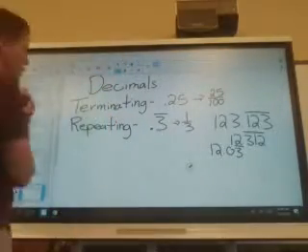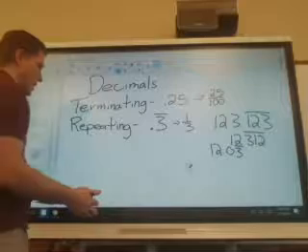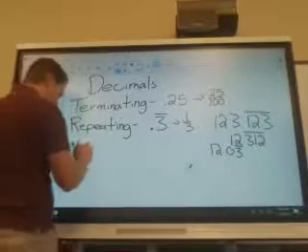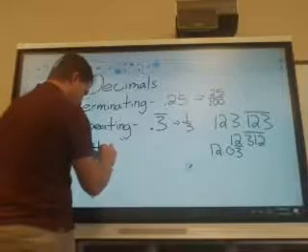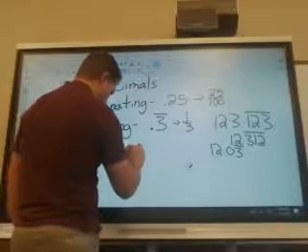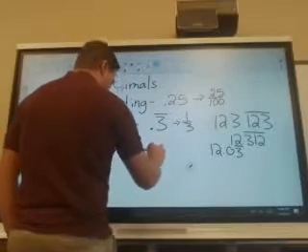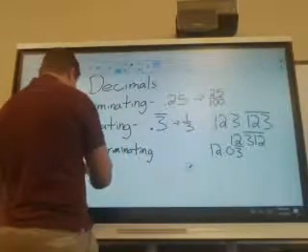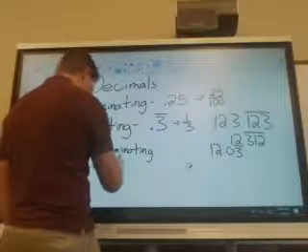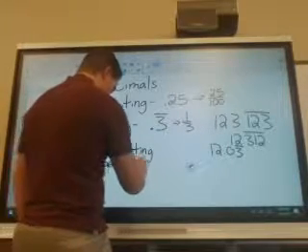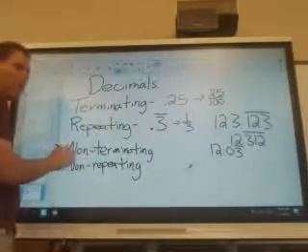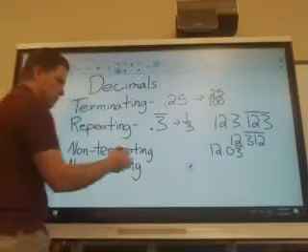Now, 1, 2, we need a third type. The third type originally is called non-terminating, non-repeating. Now these are actually our irrational numbers, okay?